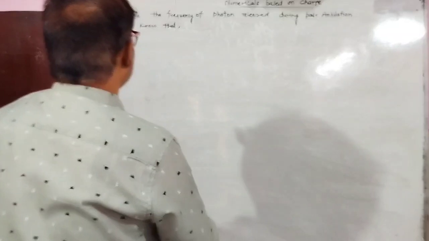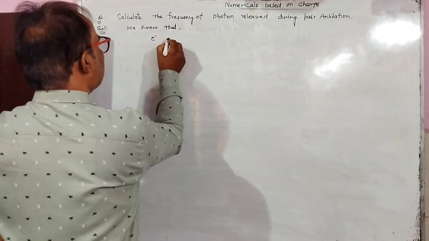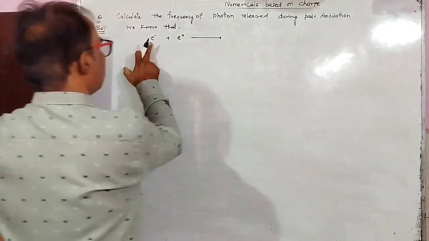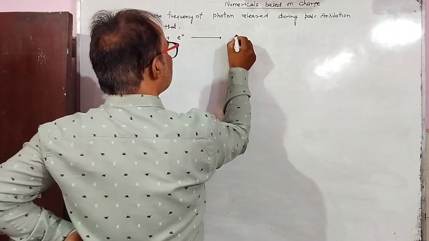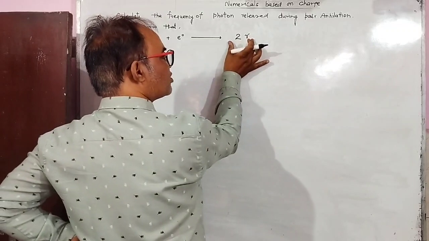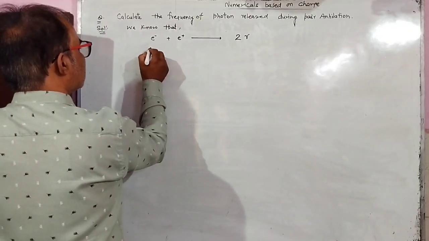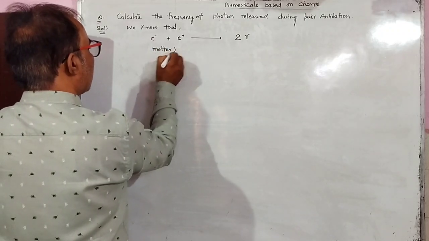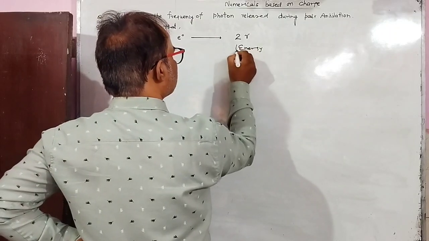That means during pair annihilation an electron and positron annihilate to give 2 gamma ray photons. So this is a conversion of matter to energy. This is matter and this one is energy.